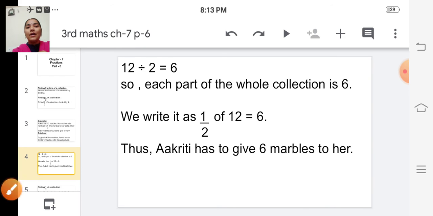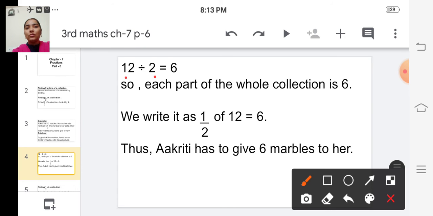So we have to divide 12 by 2, which is equal to 6. So each part of the whole collection is 6. We can write it as half of 12, which is equal to 6.